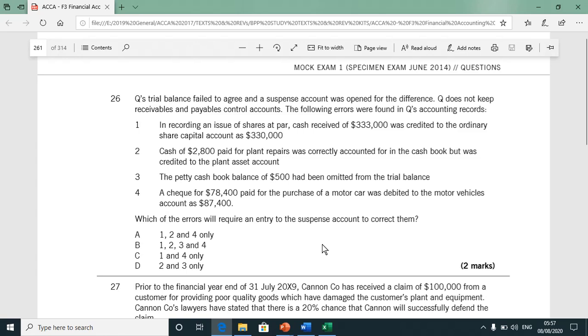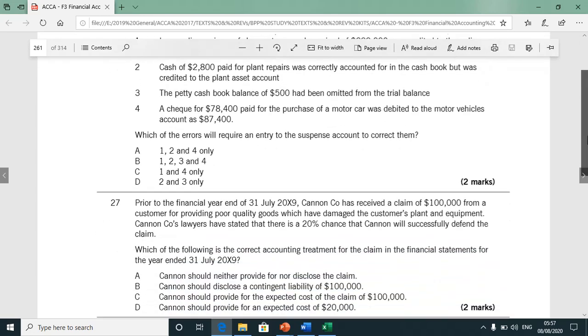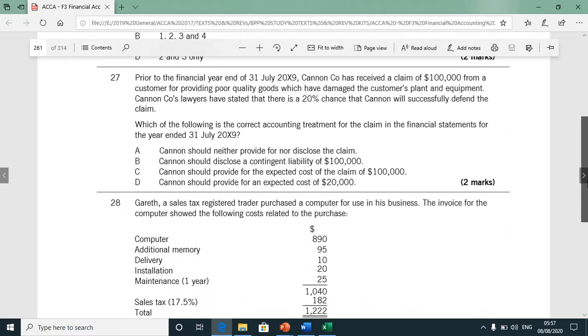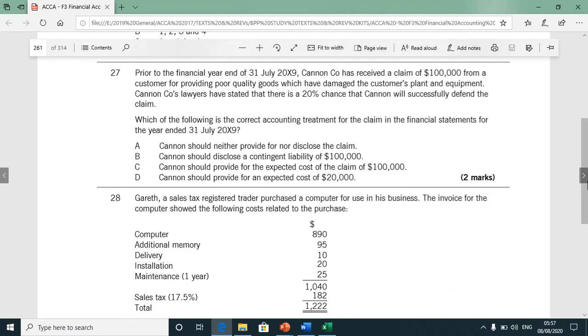That will again require what we call a suspense account. So the answer is supposed to be all the options. The answer is supposed to be B. Okay, let's go to question 27.